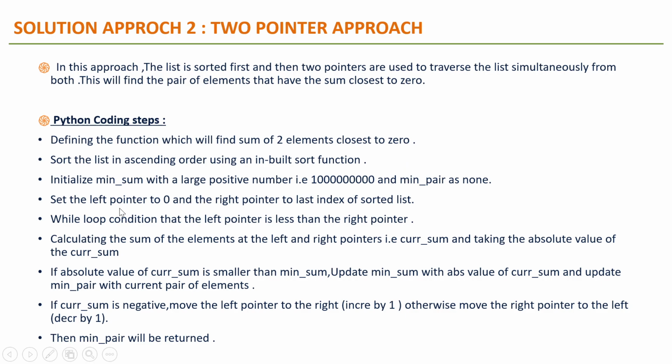Then we have set two pointers for this approach. First I have considered the left pointer as 0 and the right pointer as the last index of the sorted list.